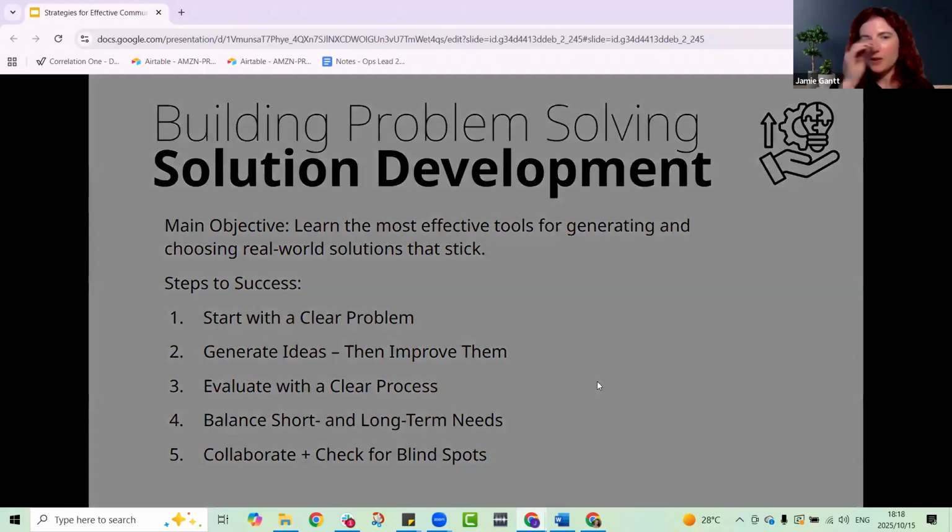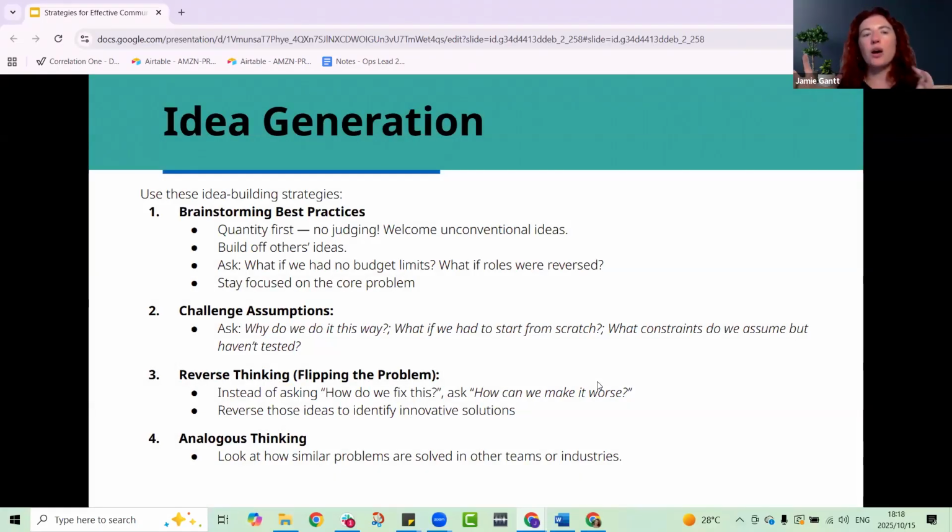All right. So once you are going through the idea generation, you want to get lots of brainstorming, get people involved, challenge all of the assumptions that might be coming up. Like, I'm assuming this is going to go this way, but why? If we broke this, what would happen? That's also reverse thinking. How can we make this worse?